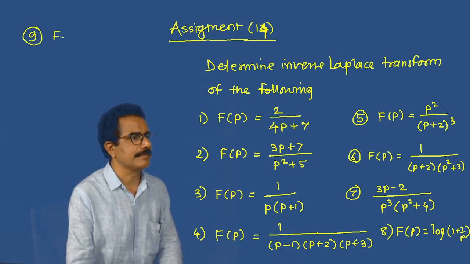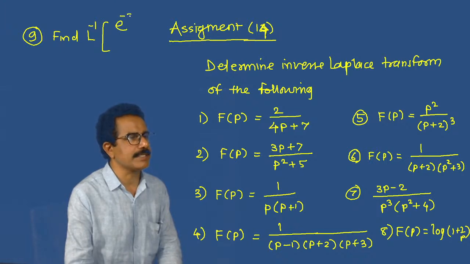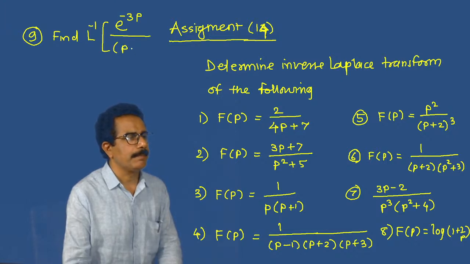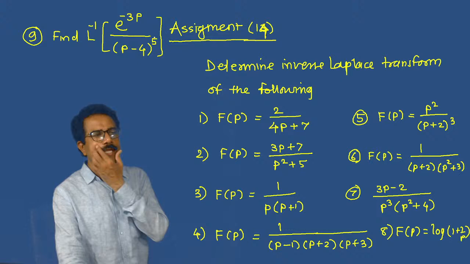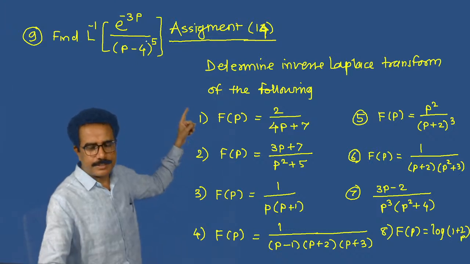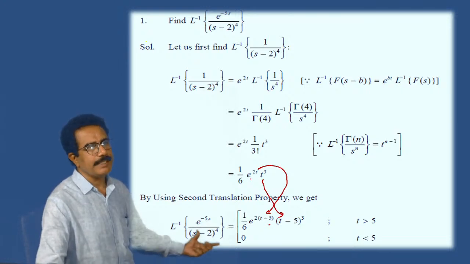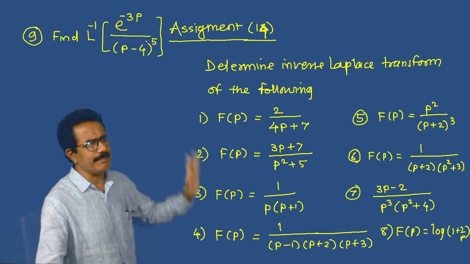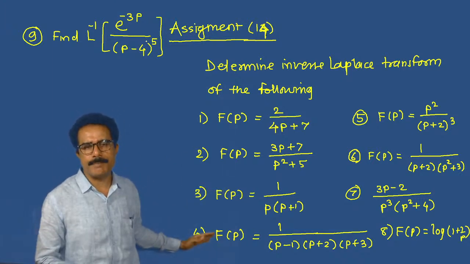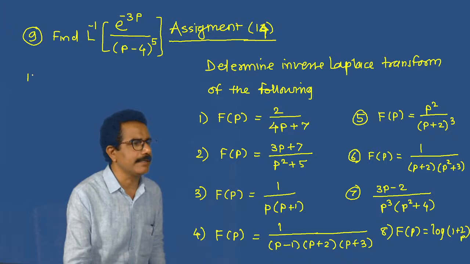Find L inverse of e raised to minus 3p divided by (p minus 4) raised to 5. Is it okay? Students, you can use the same theorem for the final answer. Remaining terms are the same. So you can calculate this example, and again one example, number 10.